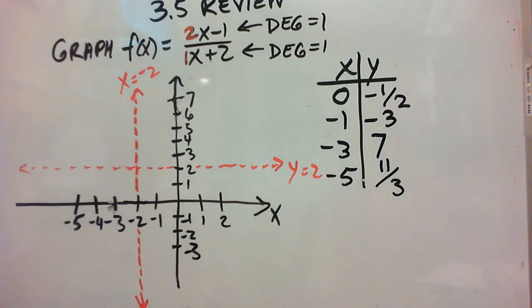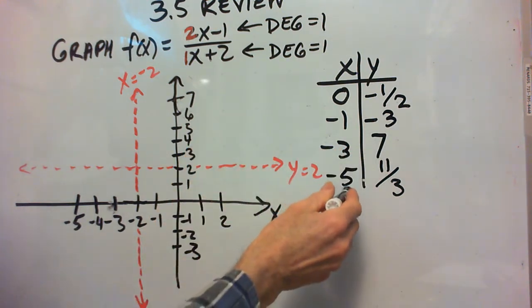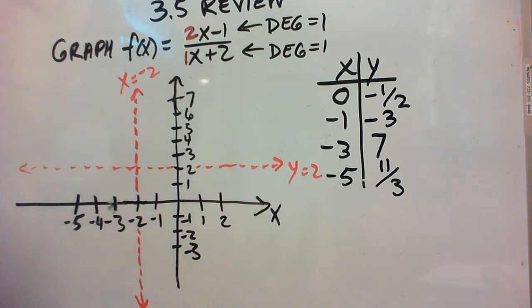Okay, here we go. Finding all those y values. When x is 0, we get negative 1/2. When x is negative 1, we get y equal negative 3. When x is negative 3, we get 7. And when x is negative 5, we get 11/3.